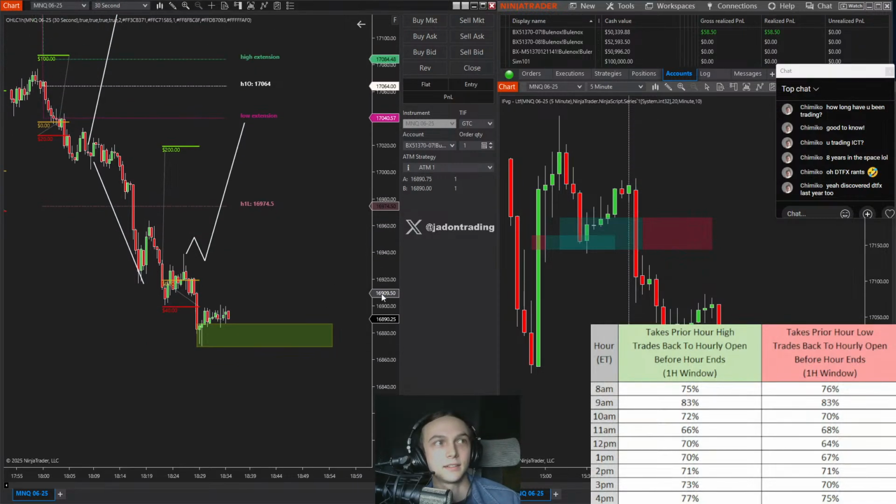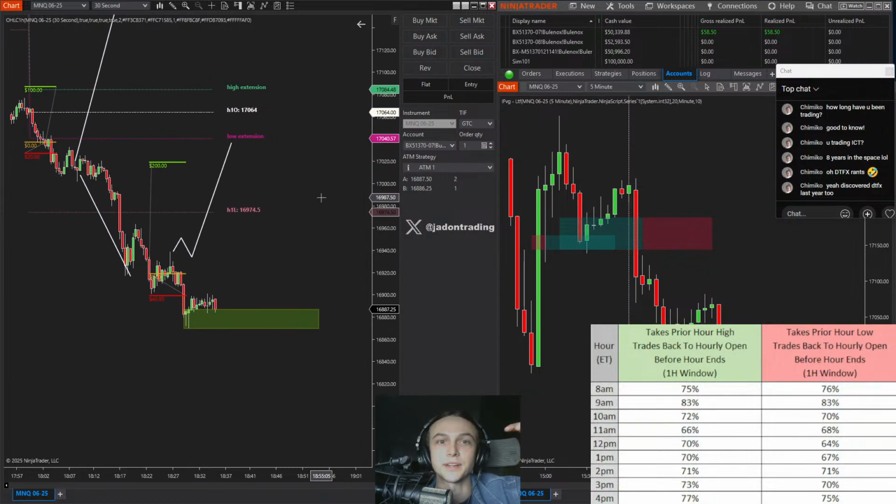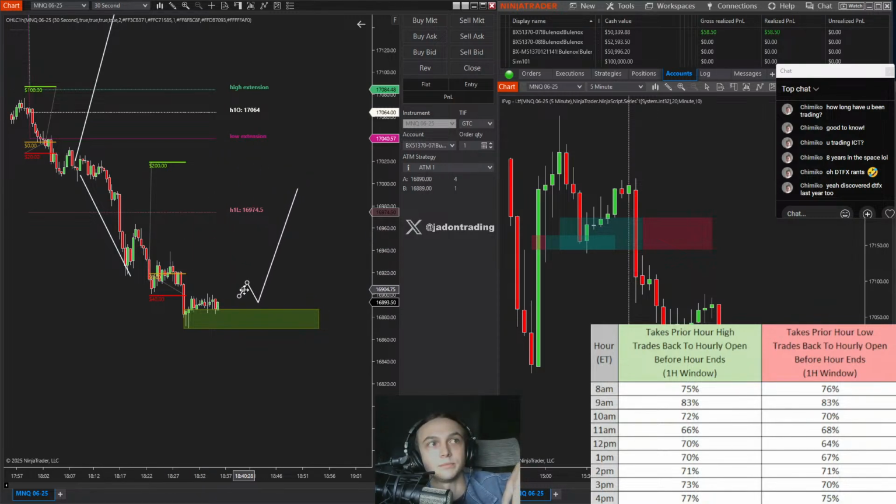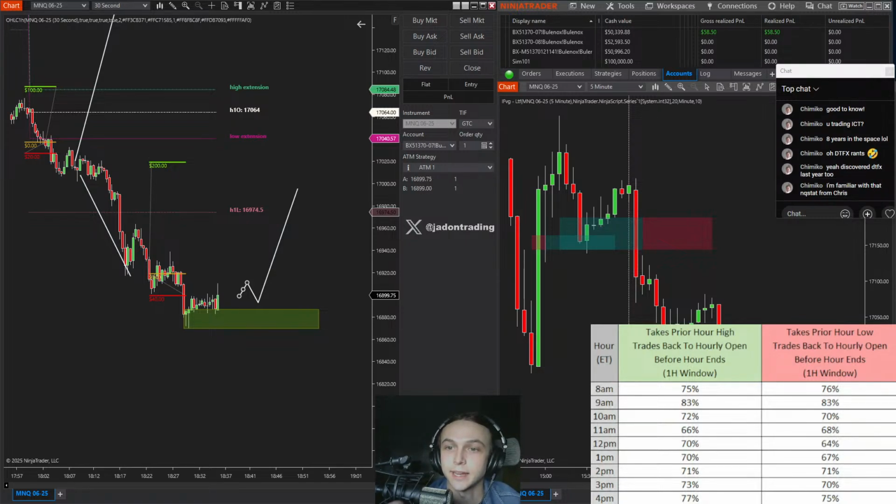I don't search for the bottoms, but I want to take price back to the open. As you can see, this is a perfect example where my lines are drawn out, taking price up a little bit from down here. That's what the stat says, and this is run over 20 years. Over 20 years, there's a 75% chance that price will retrace back to the open at some point within the hour.